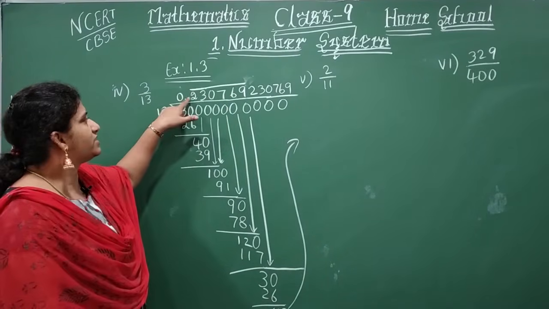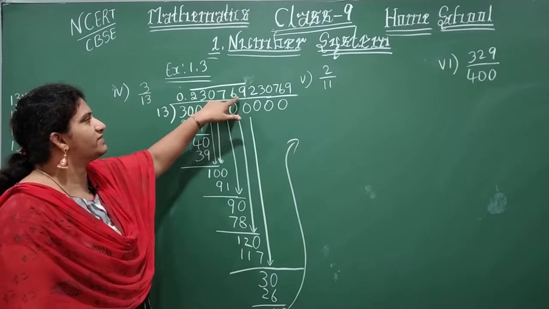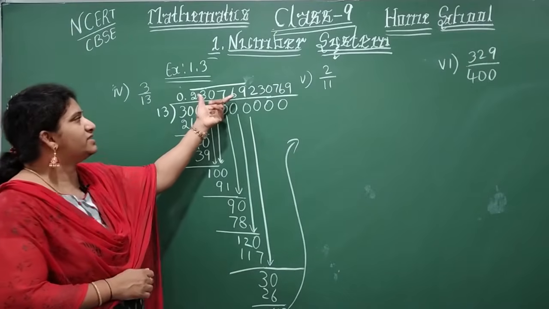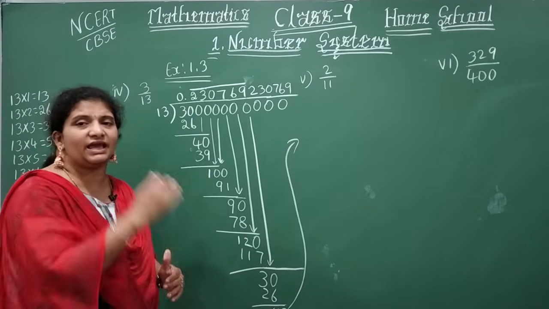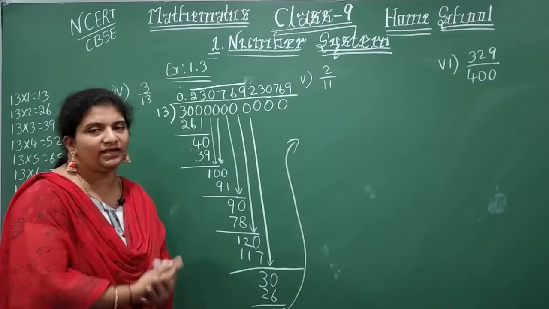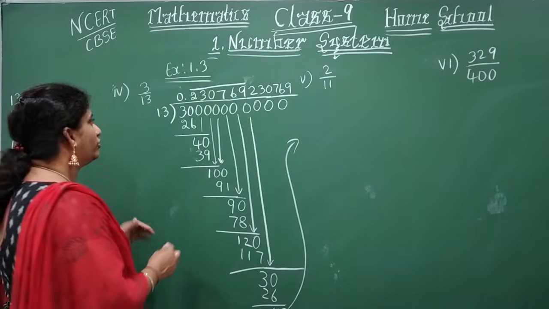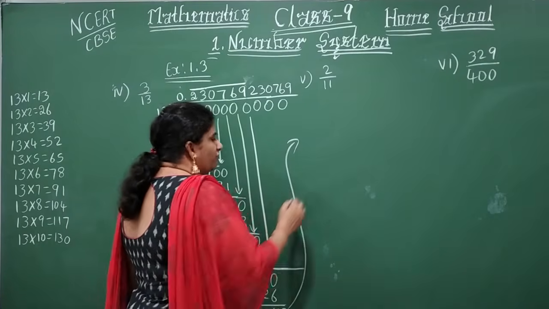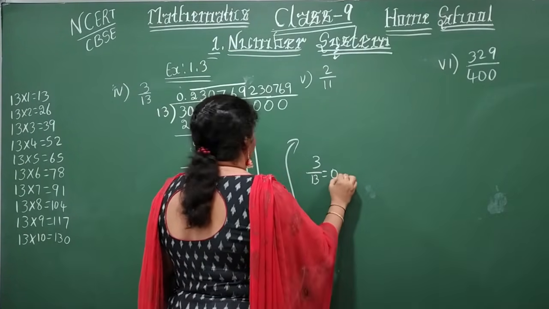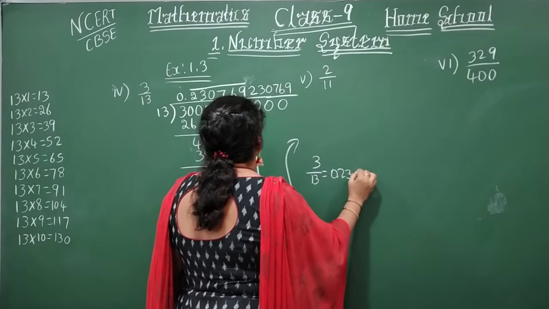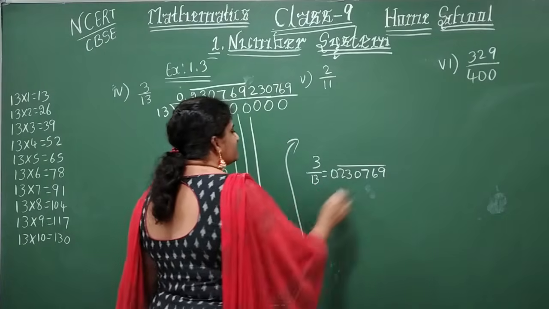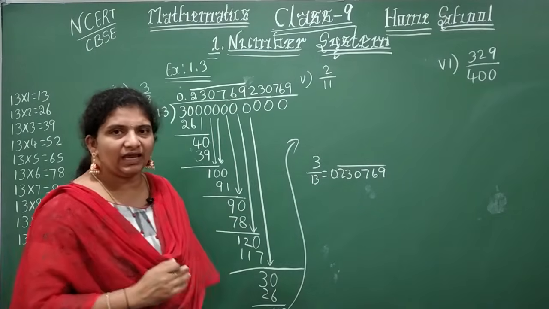See here, after 0.230769, this 6 decimal places again and again repeating. But there is no end here. So what you are going to do here children? Therefore 3 by 13 is equal to 0.230769 bar. Why? The 6 decimals is repeating again and again.